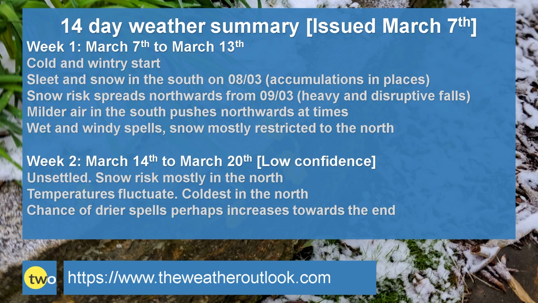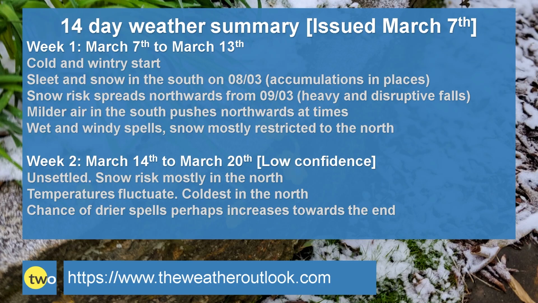Through Thursday and onwards, so from the 9th, the snow risk spreads northwards. Heavy and disruptive falls are very much on the cards. In southern and central regions, so milder air returns, so rain falls instead of snow, and it could become very windy at times. Week 2, predominantly unsettled.